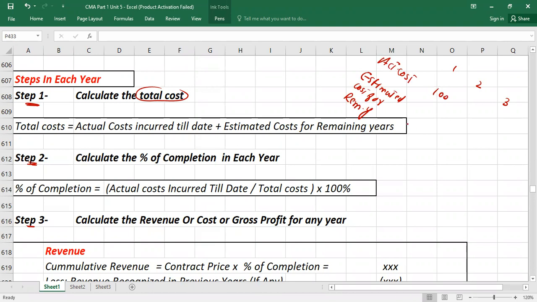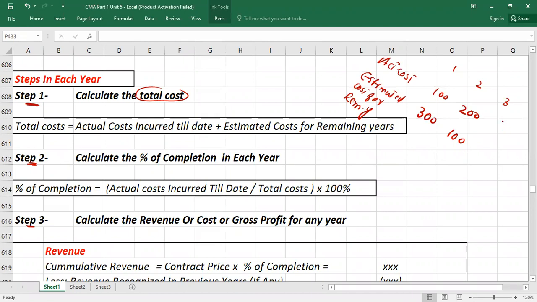Right? And we were estimating the cost for remaining years, meaning year 2 and 3. Actual cost incurred in year 1 is 100, but the cost which you will incur in year 2 and 3, which you estimate at the end of the first year, is $300. And in year 2, what happened? In year 2, the actual cost you incurred is 200, and you are estimating the remaining cost will be $100. I'm just placing the values.